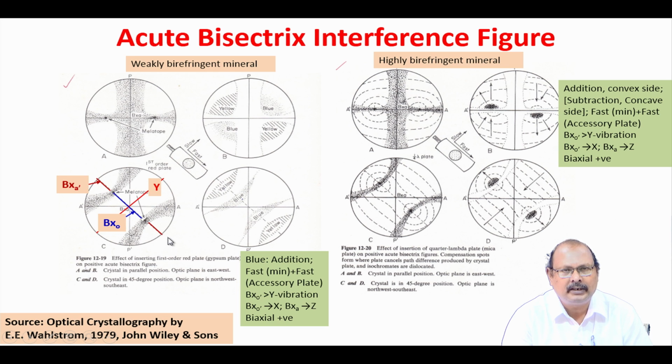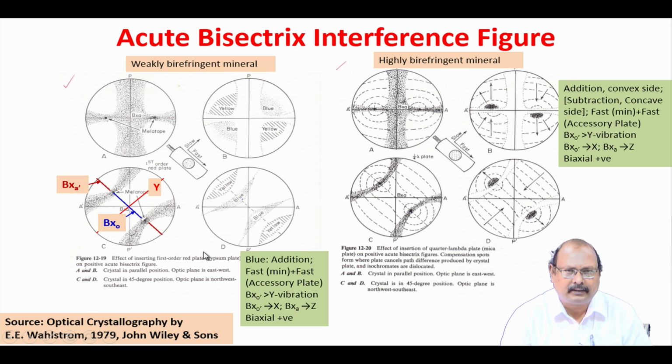Very often we call it the BX dash vibration direction, and the one I have shown in blue is the obtuse bisectrix vibration direction. So within this convex side, you theoretically have two rays, one is the Y vibration and the other is the obtuse bisectrix vibration.